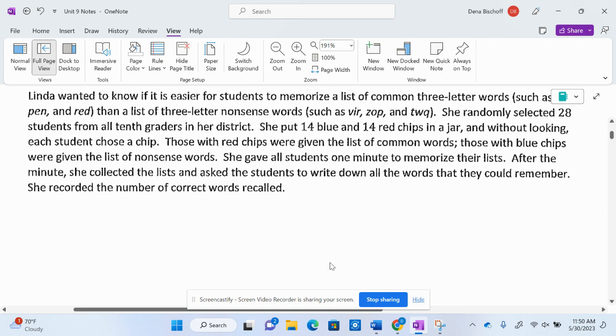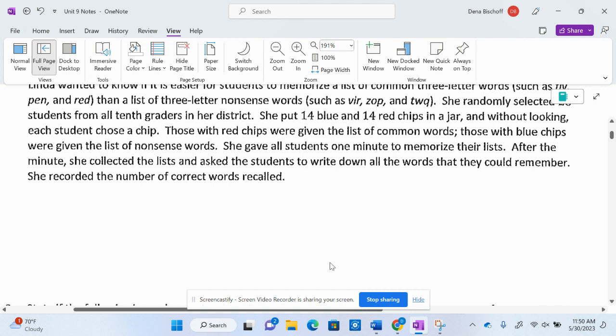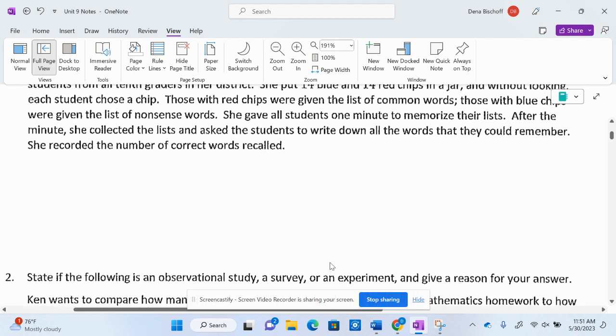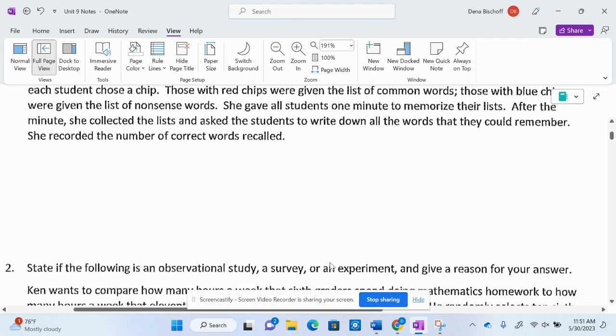She put 14 blue and 14 red chips in a jar, and without looking, each student chose a chip. Those with red chips were given the list of common words. Those with blue chips were given the list of nonsense words. And then she gave all students 1 minute to memorize their list. After that minute, she collected the list and asked the students to write down all the words they could remember. She recorded the number of correct words recalled.